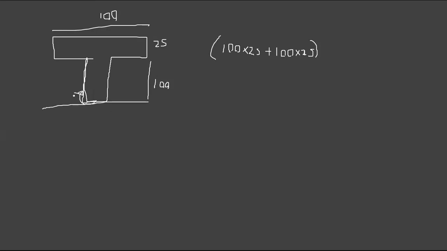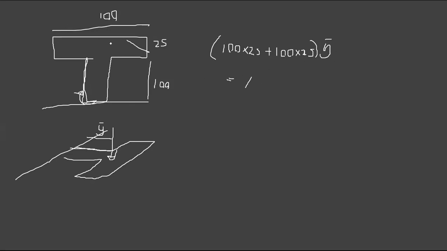I'm taking it like this. This is the axis. So the entire area is, let's say, at y bar from this. So y bar is equal to this part separately: 100 into 25 into this distance.